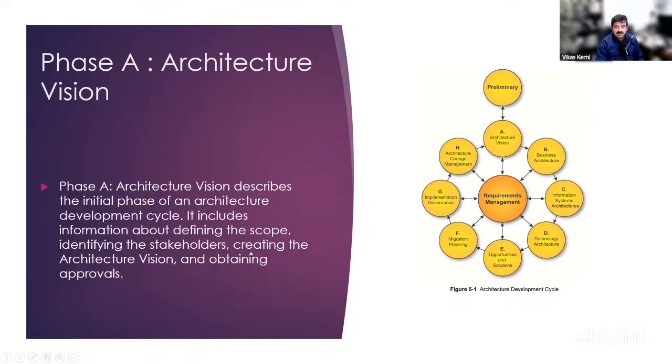So we have to find the stakeholders who are going to pay us the money to do the development, and we have to address their concerns, that our new architecture meets their concerns. So it's like any other development methodology: you have to define the scope, get the go-ahead from the stakeholders, create a vision, and get the okay.